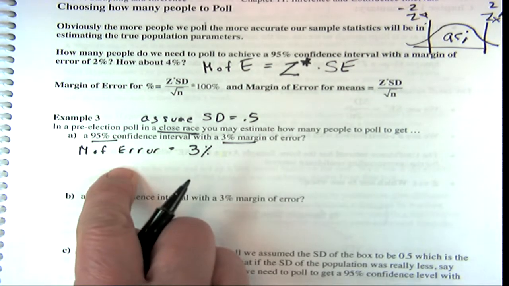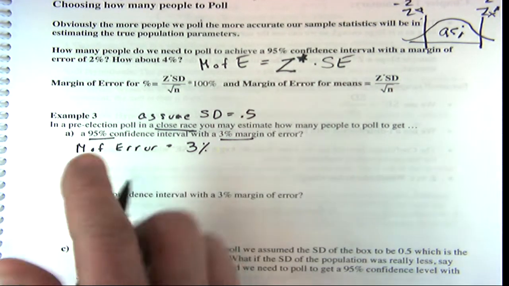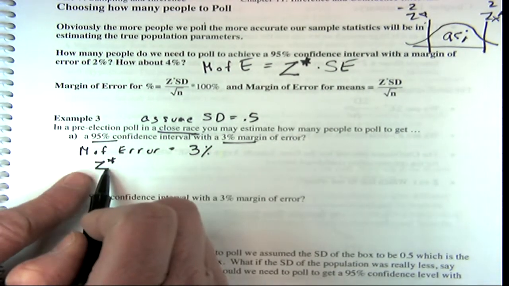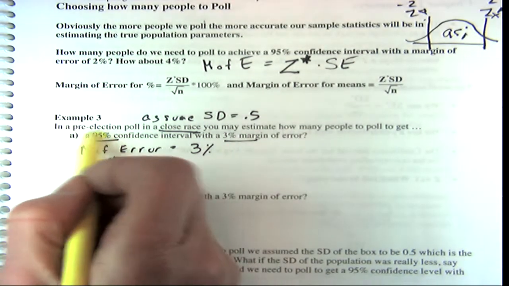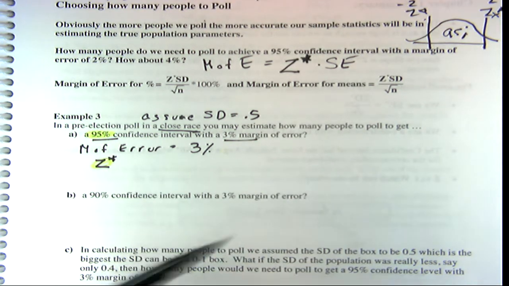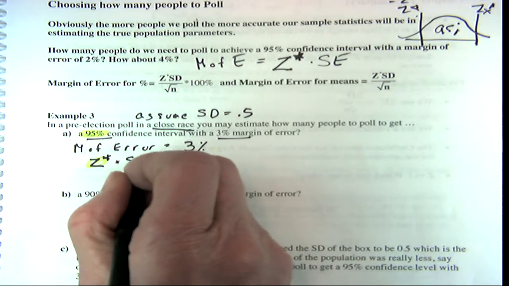So our margin of error, remember, is what we attach to our point estimate. So that's our z star, our critical value. Here it's going to be the critical value associated with 95%. Okay, that's what that's going to be. A margin of error times some standard error.